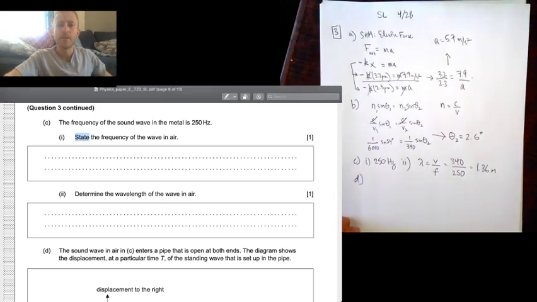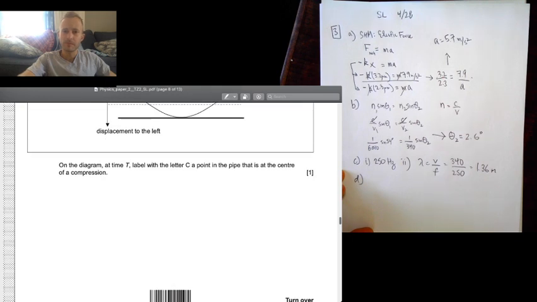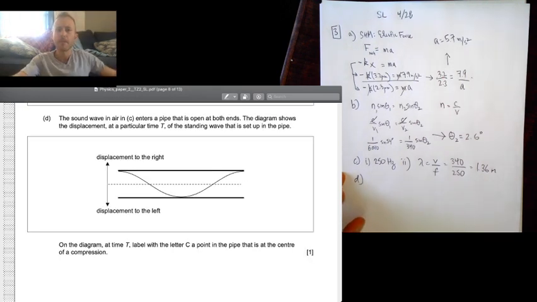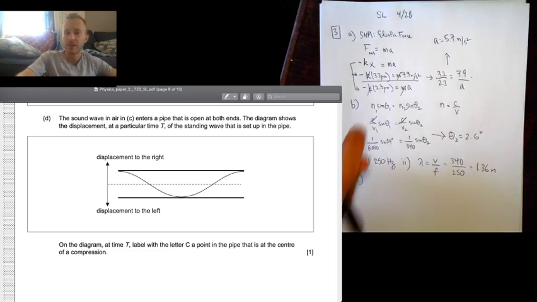All right. Part D, the sound wave in air in part C enters a pipe that is open at both ends. The diagram shows the displacement at a particular time t of a standing wave that is set up in the pipe. On the diagram at time t, label with the letter C a point in the pipe that is the center of a compression.